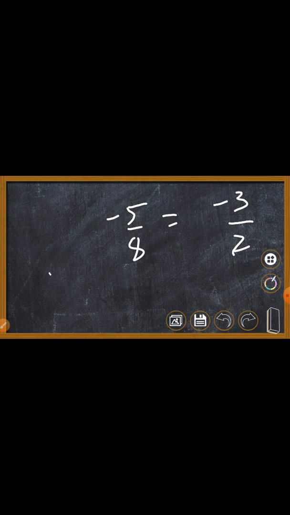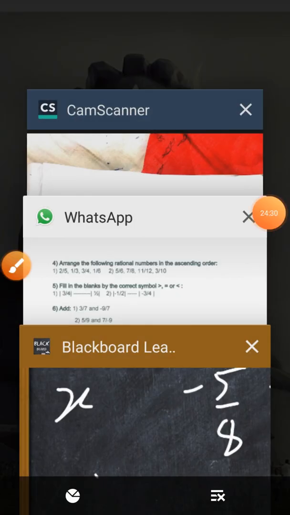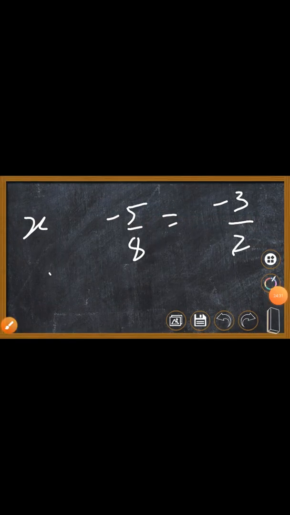Find the other. We will take the other one as x, and they are saying that the sum of these two rational numbers means x plus minus 5 by 8 is minus 3 by 7.